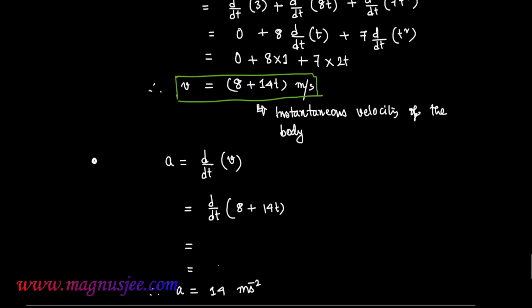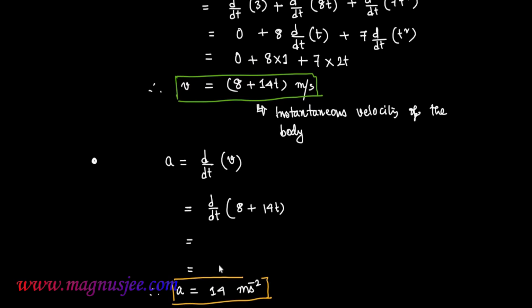So acceleration is constant here, only 14 meter per second square. Directly we can write 14. If we have confidence, then directly you can write only 14. Or here we can use the formula d/dt of 8 plus d/dt of 14t, and d/dt of 8 is 0 and 14 is constant, and we know that d/dt of t is 1.